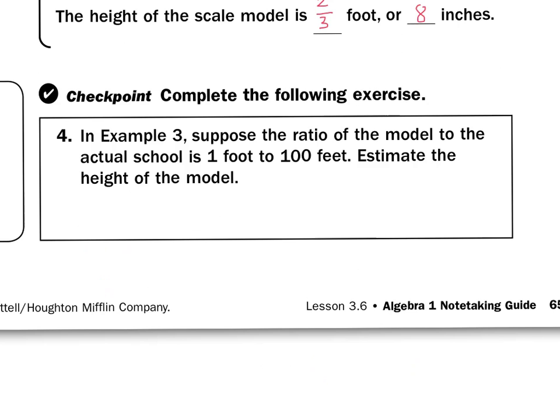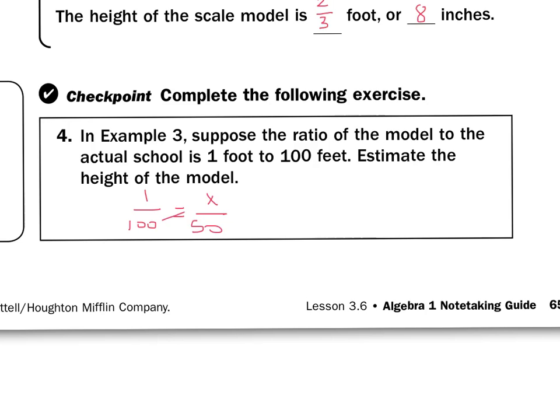In checkpoint number 3, we're going to change that scale of the one that we just did from 1 to 75 to 1 foot to 100 feet. Again, scale to actual. And we want to know what the height of the model would be. Well, the school is still 50 feet tall, so we're going to set that equal to x over 50, because the actual height goes on the bottom.